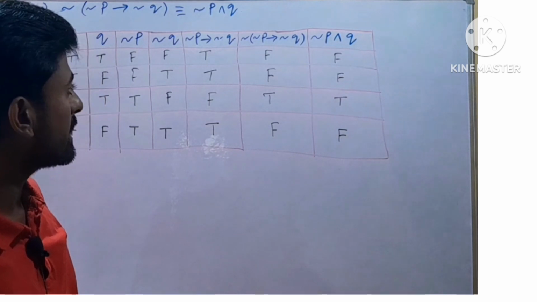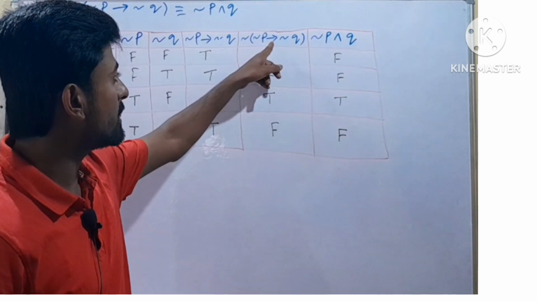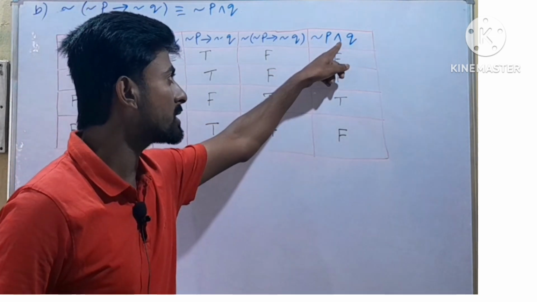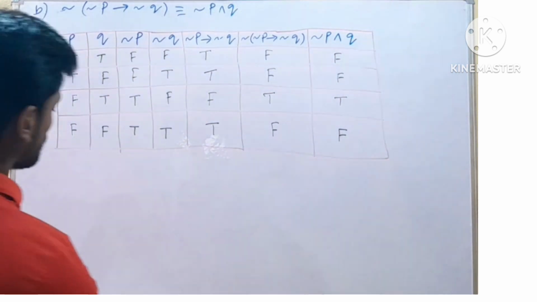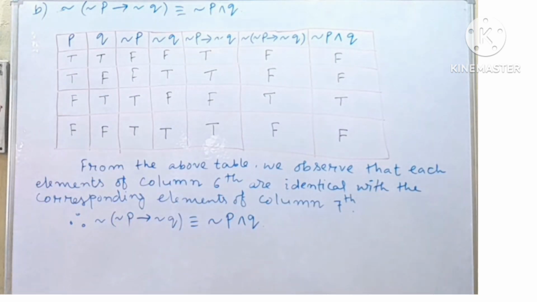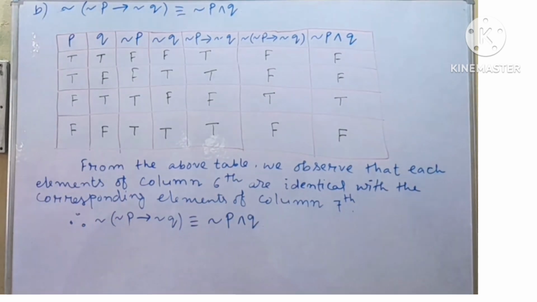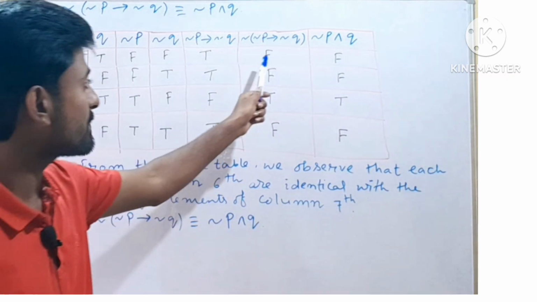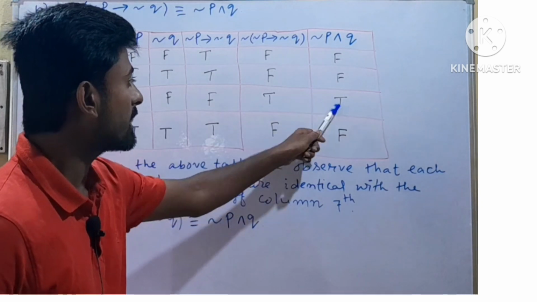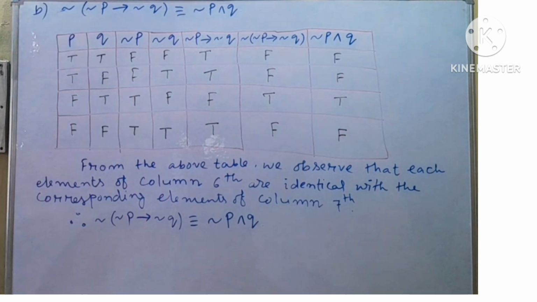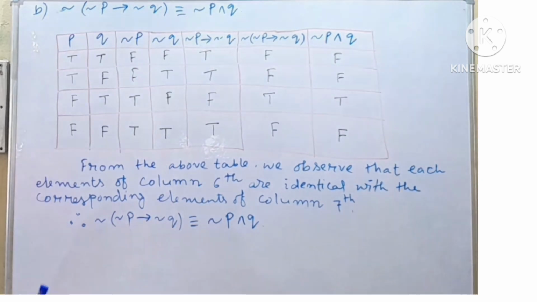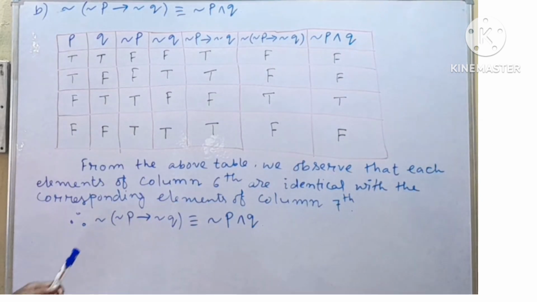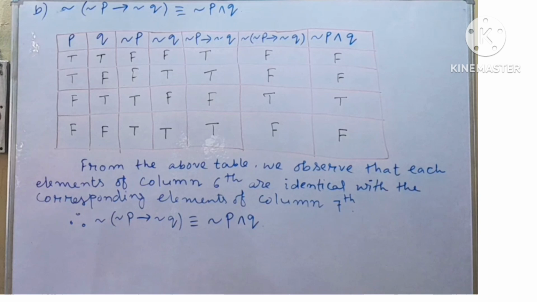So we can say that negation of P conditional negation of Q is equivalent to negation of P conjunction Q. So we may write, from the above table we observe that each element of column 6 is identical with the corresponding element of column 7, so therefore we can write negation of P conditional negation of Q is equivalent to negation of P conjunction Q.